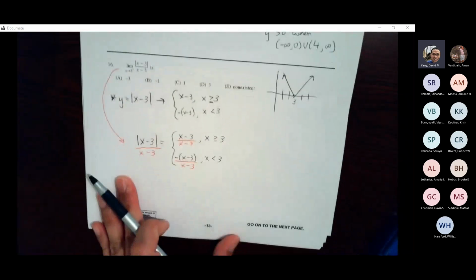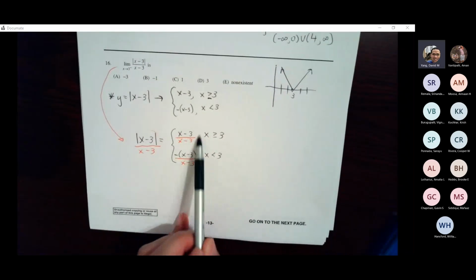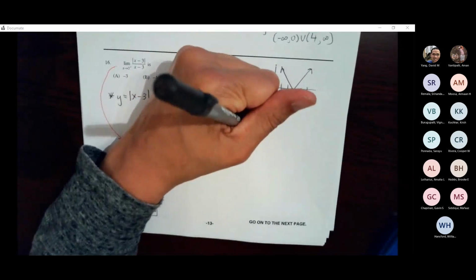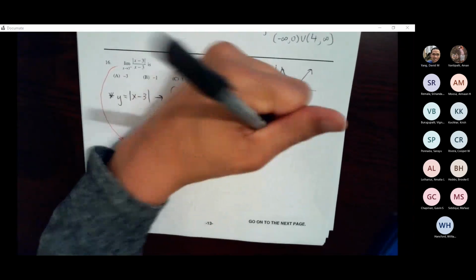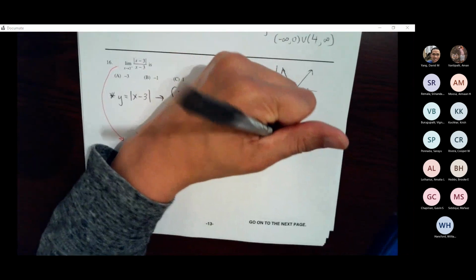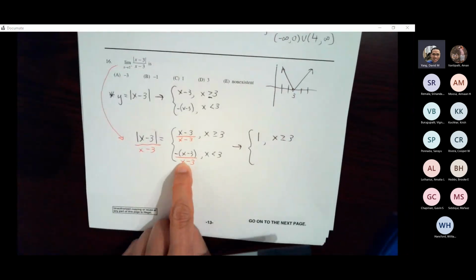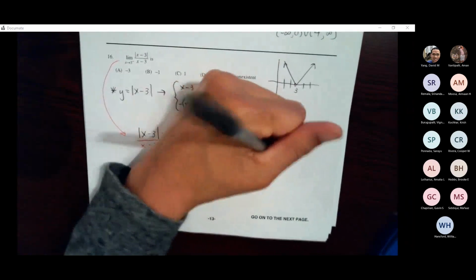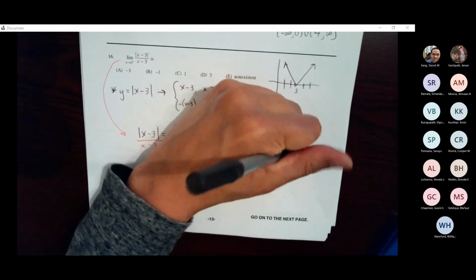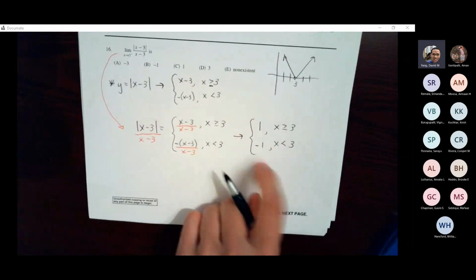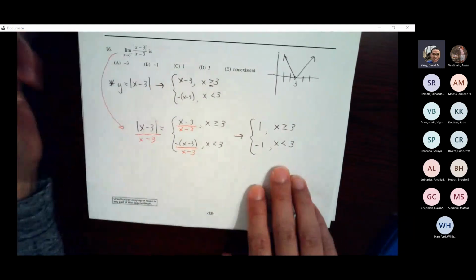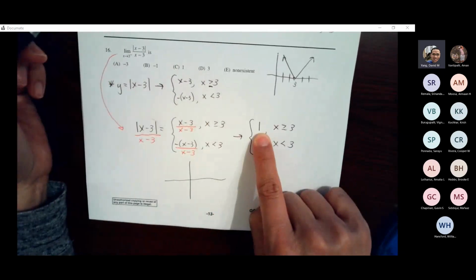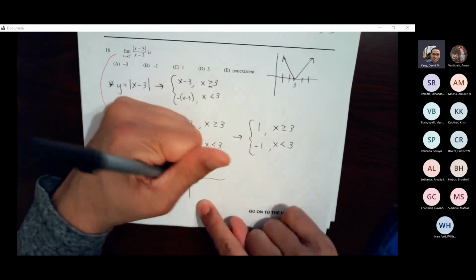Now, see what happens here. What does this reduce to? x − 3 over x − 3 is just 1, and −(x − 3) over x − 3 is just −1. And if you look at this graph, what does it look like? You want a y value of 1 to the right of 3.